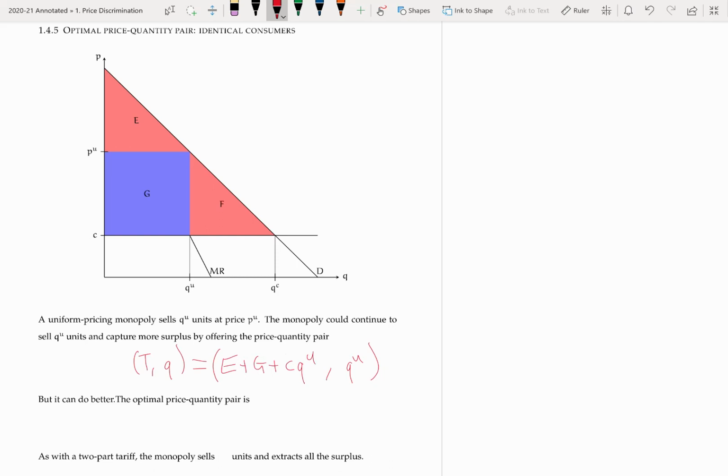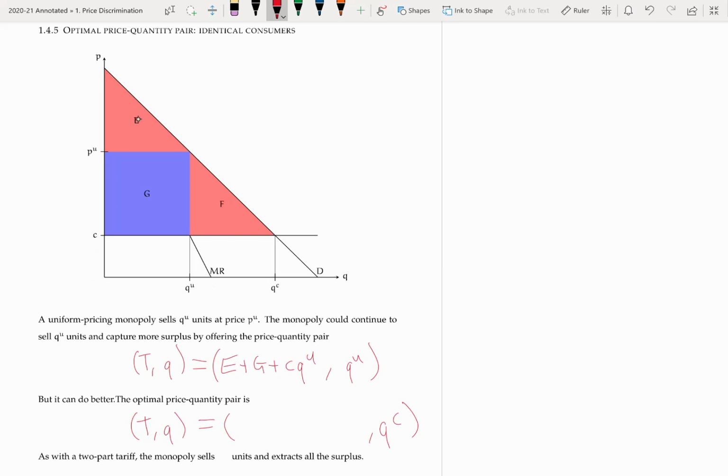Now, we know the monopolist can actually do better than that. They can also capture this area F, and the way they do that is by changing the quantity. So the optimal price quantity pair is where the quantity is QC, and the price is equal to the area under the demand curve up to QC, so this whole area here.